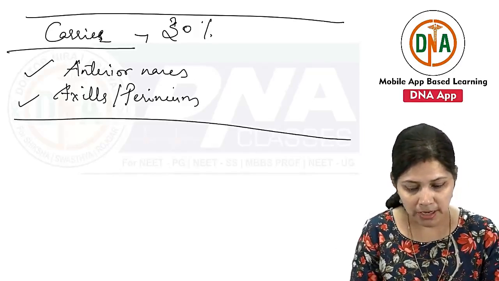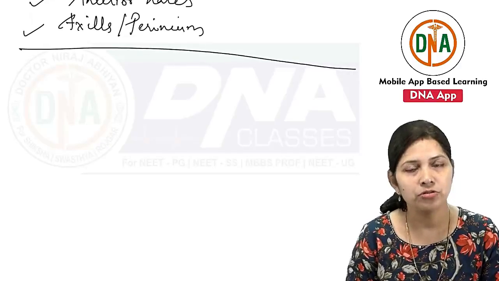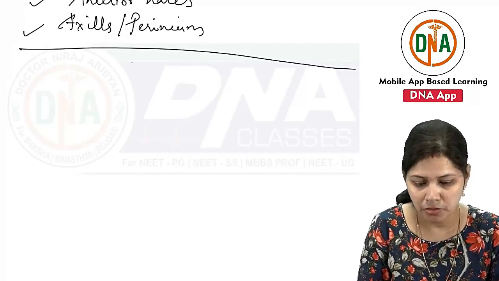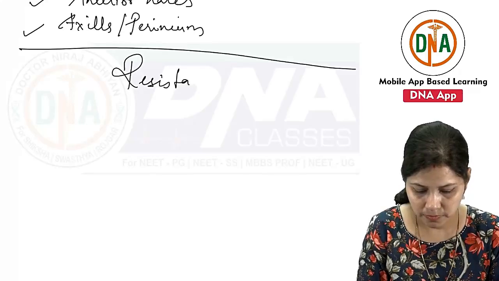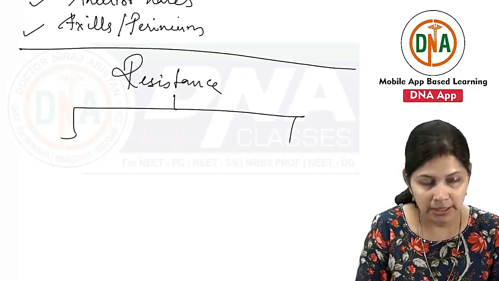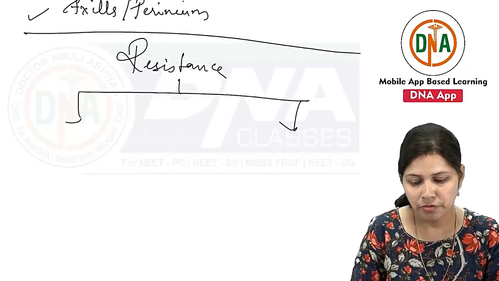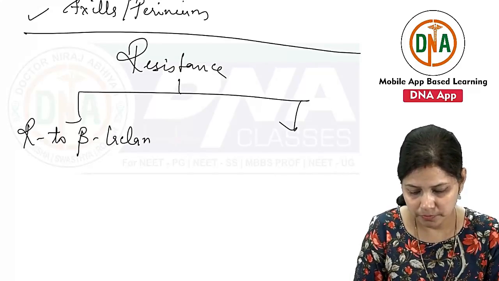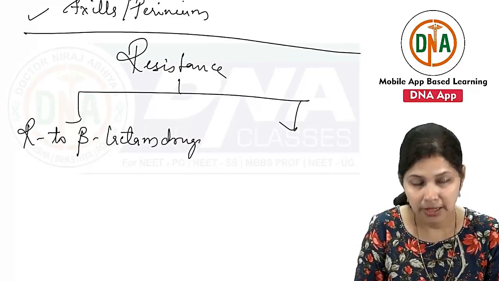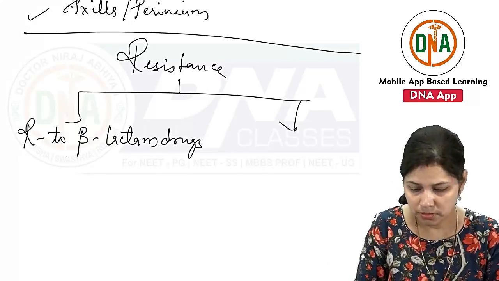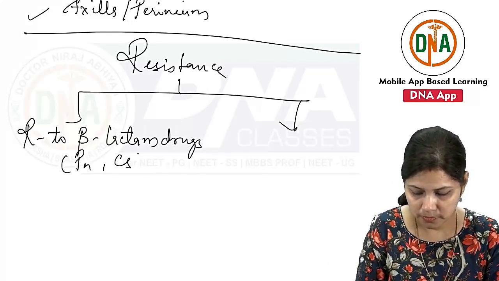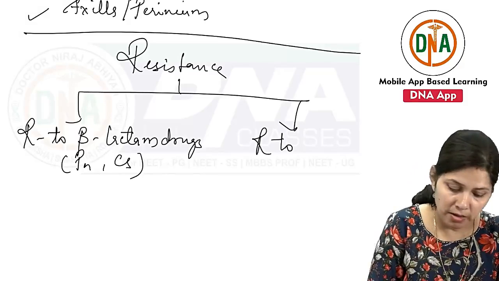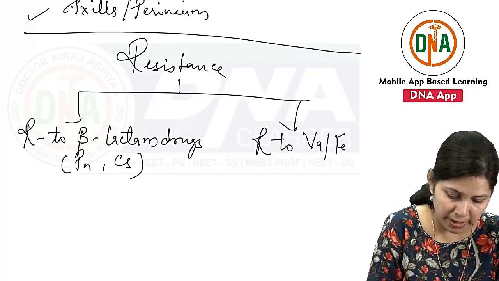Okay, so as far as resistance in Staphylococcus aureus is concerned, we mainly see two broad categories of resistance. First is the resistance to the beta lactam drugs like penicillin and cephalosporins, and resistance to the cell wall acting drugs, glycopeptides like vancomycin or teicoplanin.